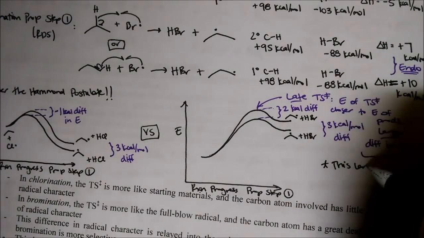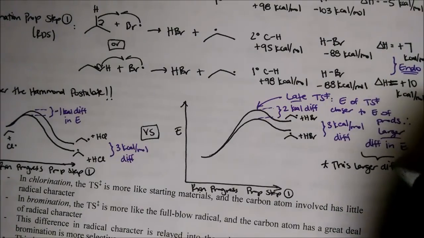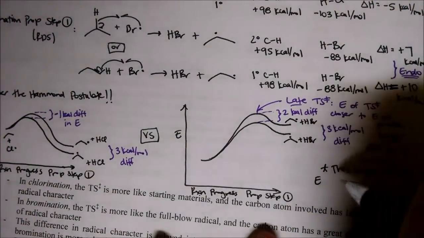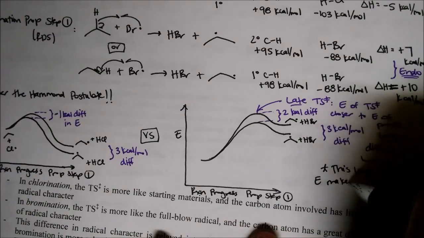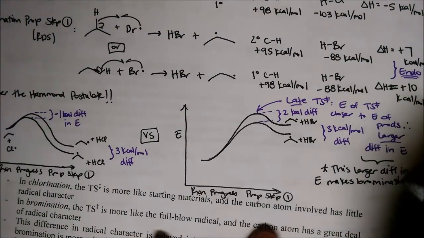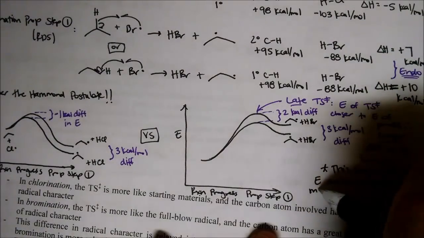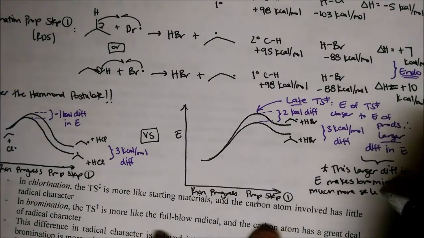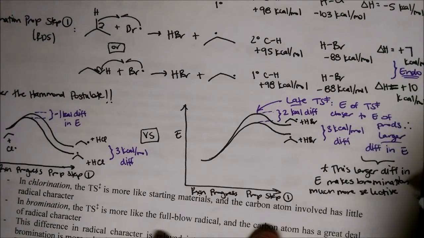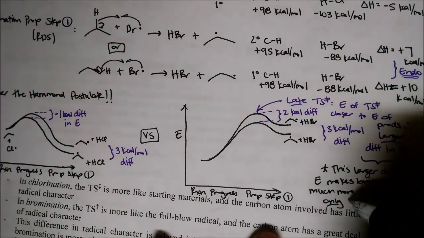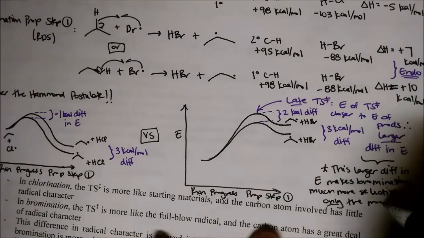This larger difference in energy makes bromination much more selective. And so pretty much only the most stable radical is formed.